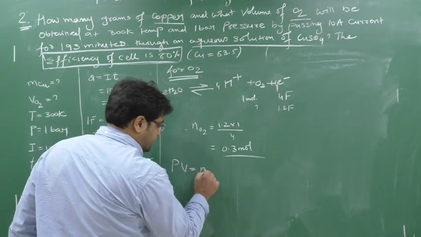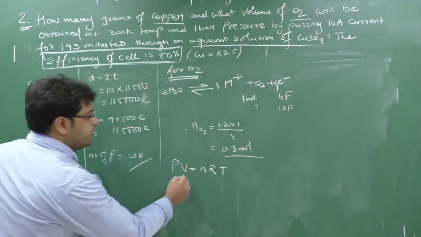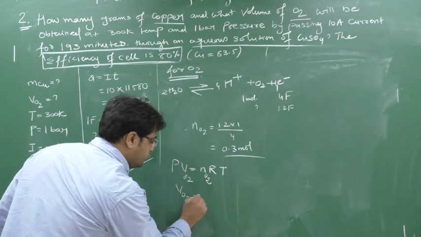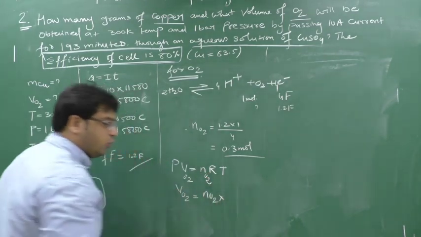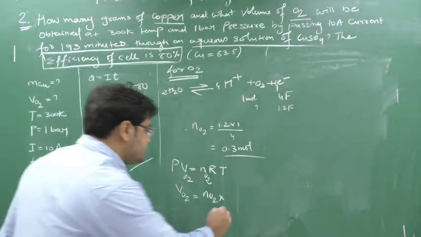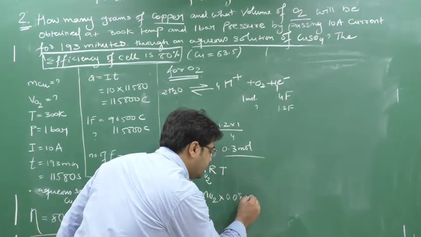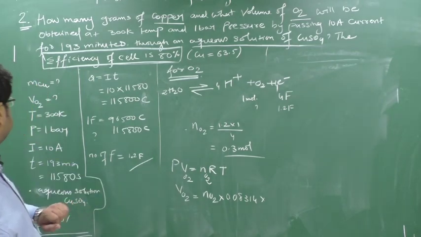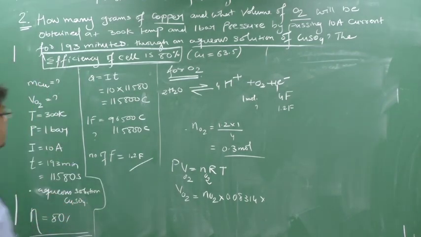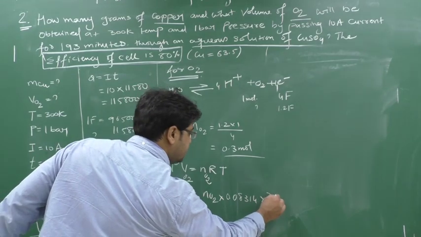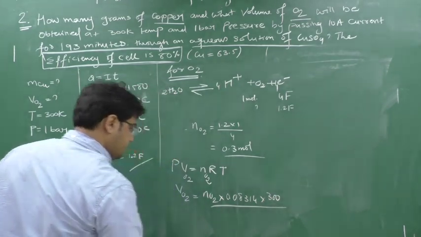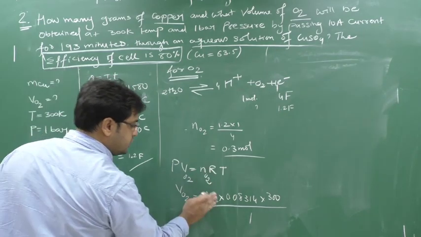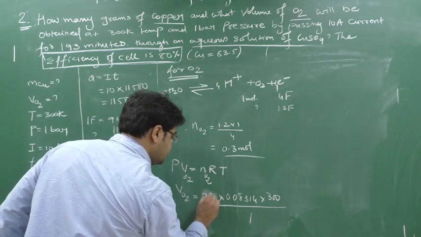PV equal to nRT. So V of O2 is required, so n of O2. V of O2 equals n of O2 times R times T over P, and I told you R should always be used as 0.08314, with pressure maintained in bar. How much pressure have they given? They have given 1 bar. So temperature is 300 and pressure is 1 bar, and moles of O2 we got is 0.3.